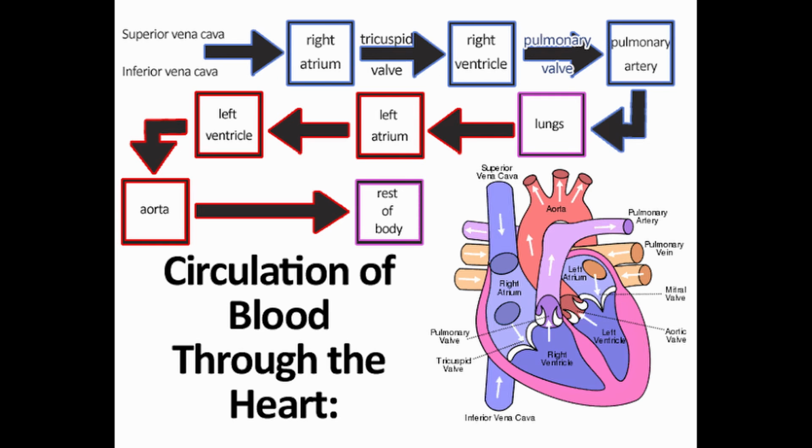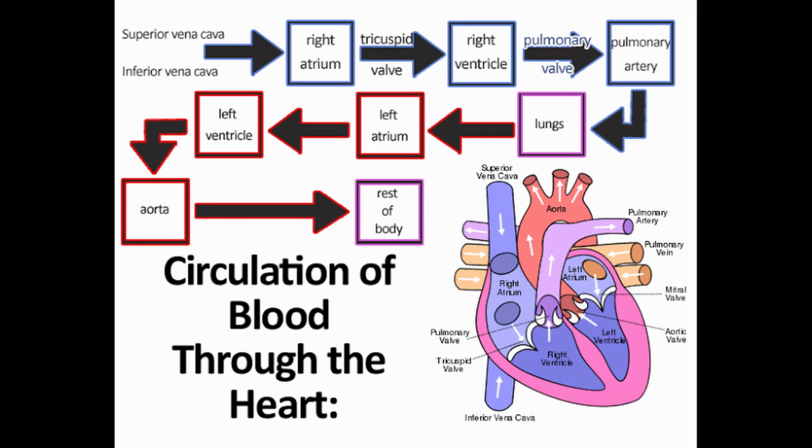There is blood that comes from the superior vena cava and inferior vena cava into the right atrium, and from the right atrium it goes to the right ventricle through the tricuspid valve, and then right ventricle goes to the pulmonary artery through the pulmonary valve, and from the pulmonary artery goes to the lung, and from the lung goes to the left atrium, and from the left atrium it goes to the left ventricle, and then it goes to the aorta, and then from the aorta blood is distributed to the rest of the body. So this is the circulation of the blood through the heart. By this way you can easily learn the circulation of the blood.